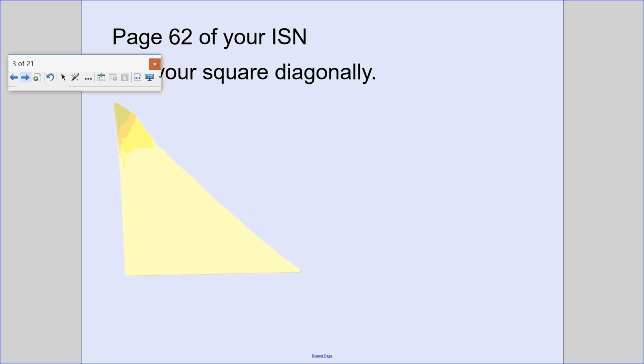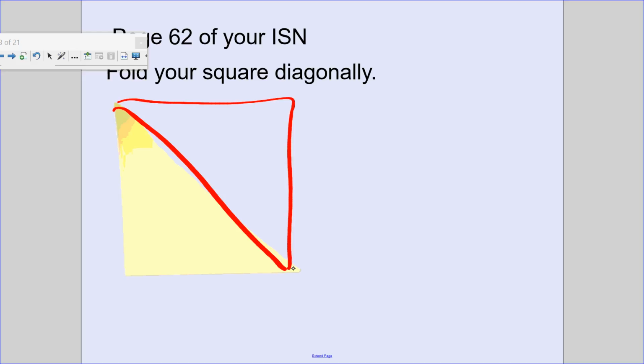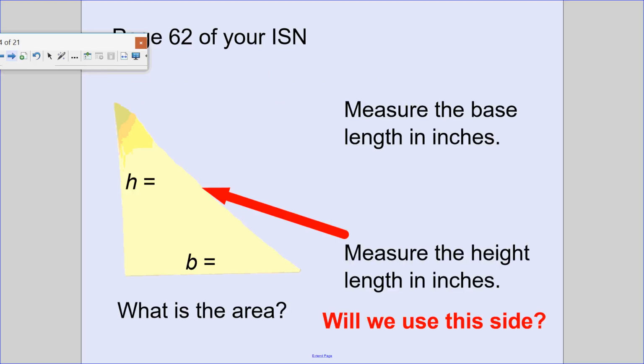Now, I would like you to cut that square diagonally, this way. So you had this original square, you're cutting it diagonally. Measure the base length in inches again, 3 inches. Measure the height, 3 inches. So what do you think the area will be?